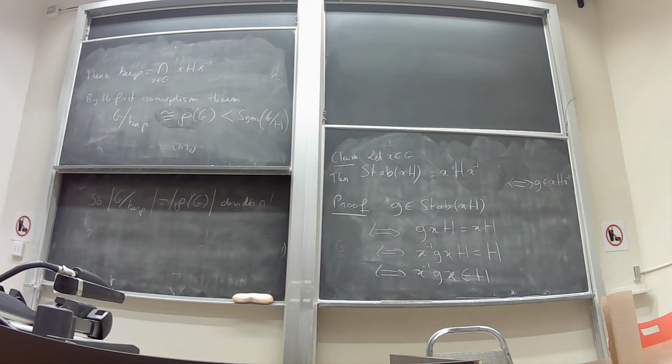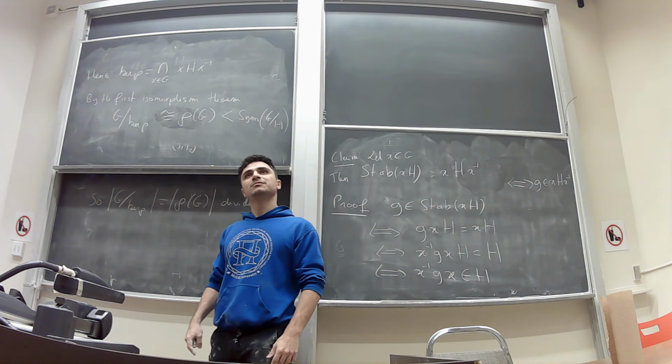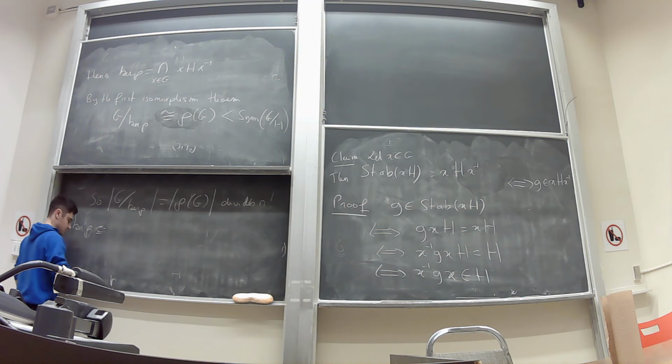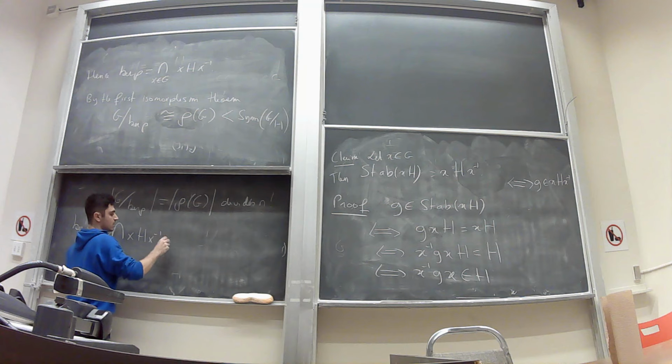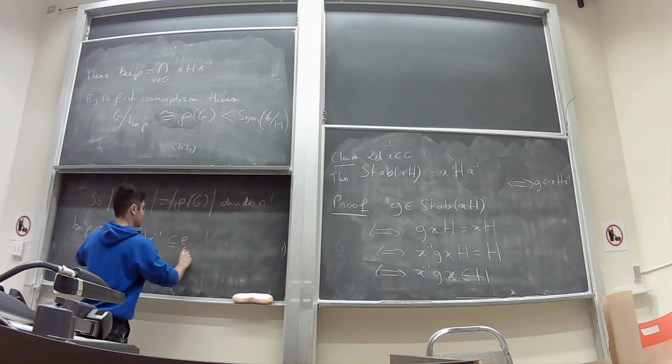So if you have a subgroup of finite index, then you can construct a normal subgroup of finite index that is contained in the subgroup. The kernel of rho, which is equal to the intersection as x is in G of xHx inverse, is contained in H. If you put in the identity for x, what do you get?